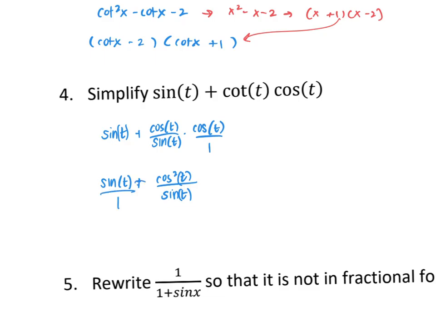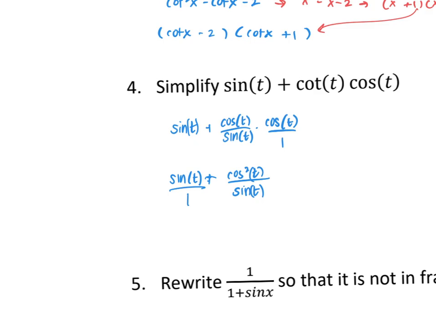So let's get a common denominator. I'm going to multiply this by sine of t over sine of t. And then I can rewrite this as sine squared t over sine of t plus cosine squared t over sine of t.